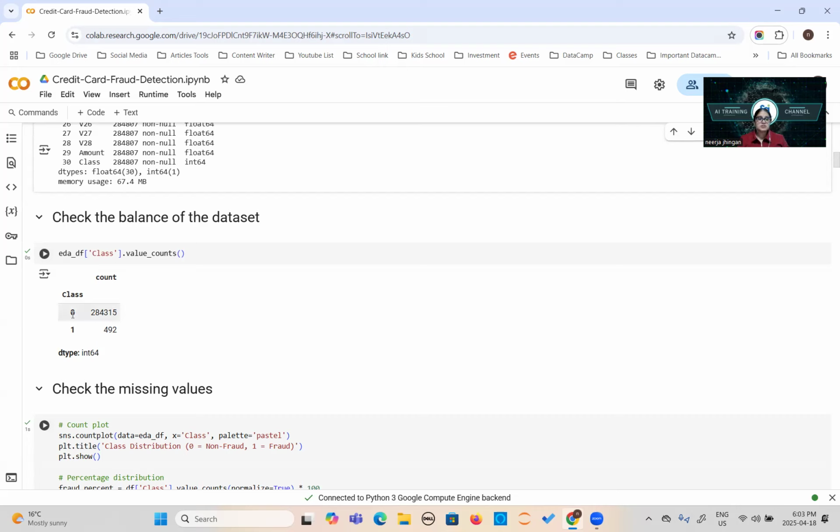Now, if you look at this, 0 is the major class, 1 is the minor class, because 1 belongs to fraud, so this means in our data set, we have 492 fraud transaction records. On the other side, we have 2,84,315 non-fraud transactions, right? So if I build my model using this imbalanced data, definitely my model will not be able to understand this one. And tomorrow, if I give the new test data, it will work good on the training.